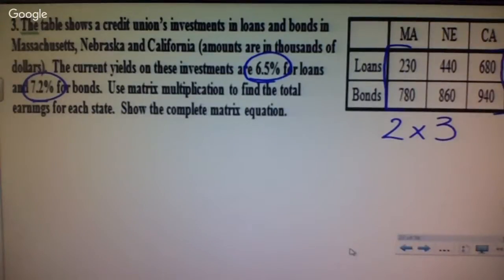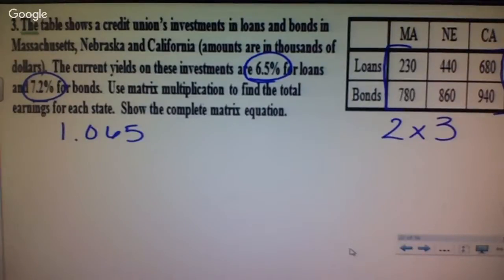Okay, so Kimberly automatically said, well, first it's being invested, so that's over 100. 1.065. Do I put that beside it or underneath it? Underneath, they're two different things.